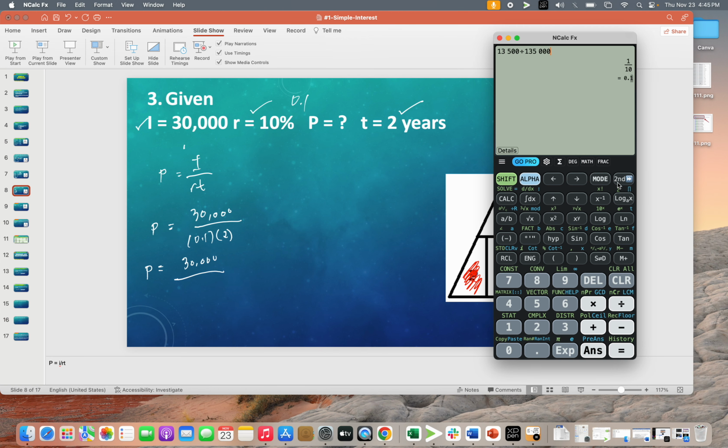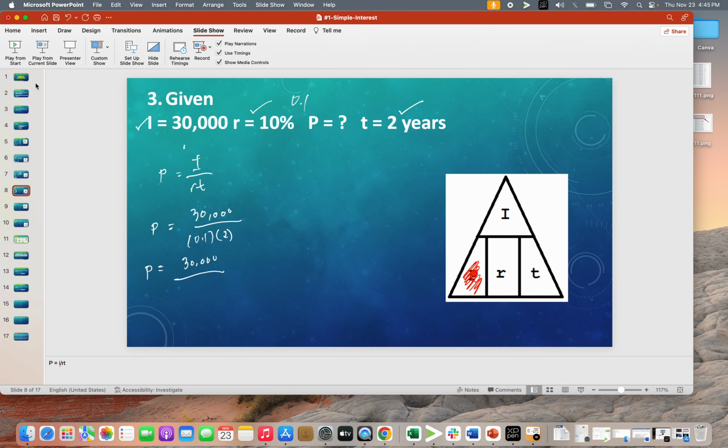So, 0.1 times 2, that is equivalent to 0.2. Okay? So, pagkatapos nun, we will have 0.2 sa ilalim ng 30,000. Divide natin siya ngayon. So, 30,000 divided by 0.2 equivalent to 150,000.